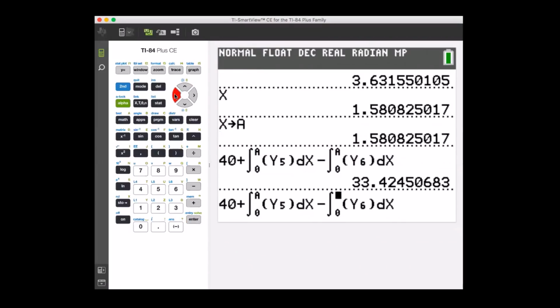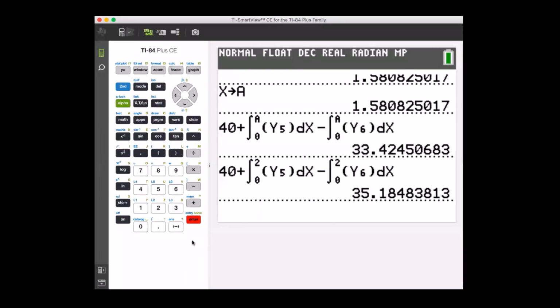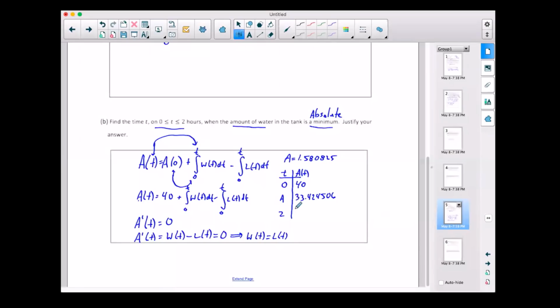All I really need to do is go up there and change these upper limits to 2, because if I want to figure out the amount at time 2, I need to change those. So this is at time 2 instead of A. And at time 2, I get 35.1848313.